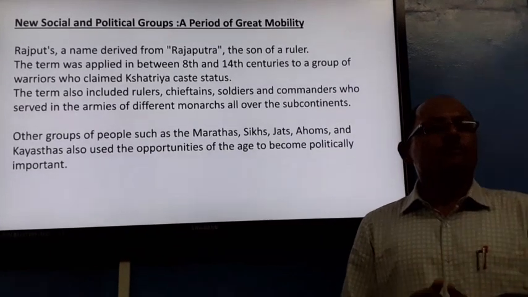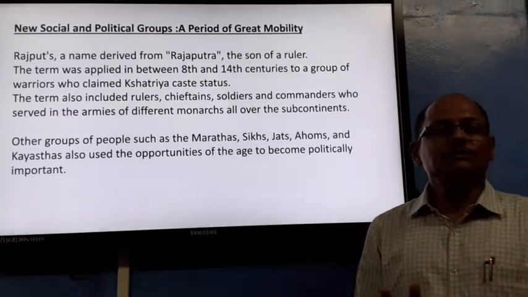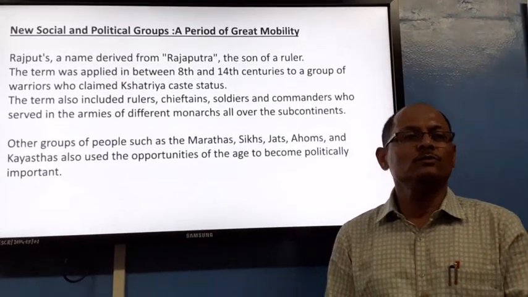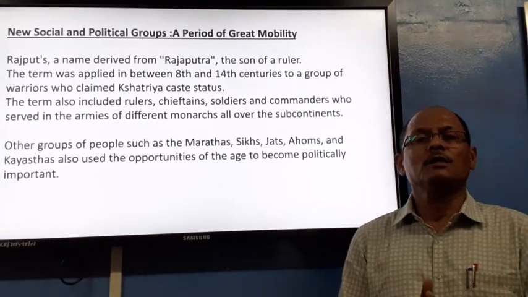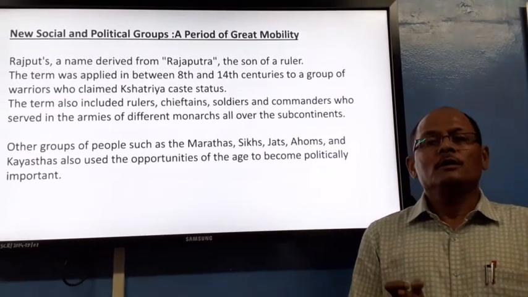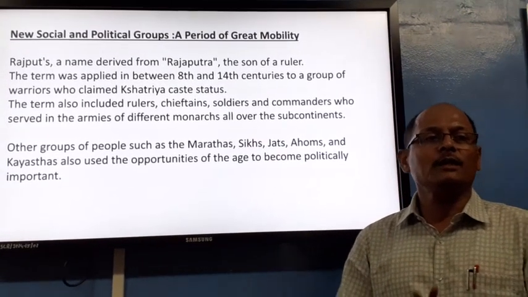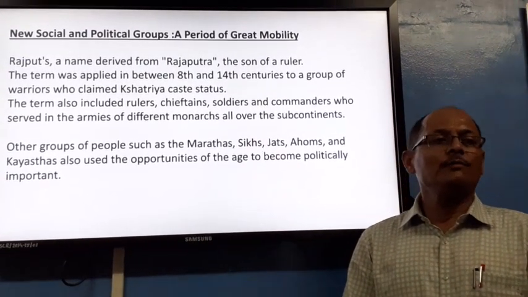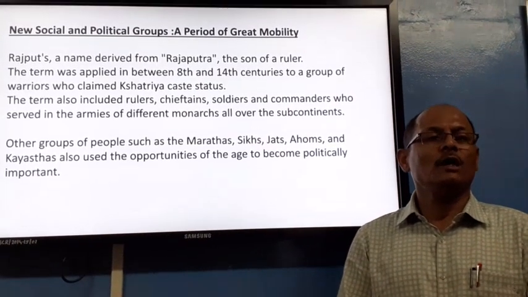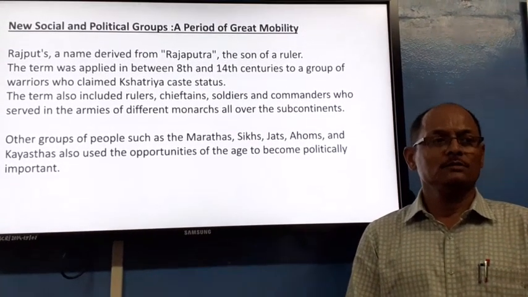The term Rajput is applied between the 8th to 14th centuries to a group of warriors who claimed Kshatriya caste status. The term also included rulers, chieftains, soldiers and commanders who served in the armies of different monarchs all over the subcontinent.